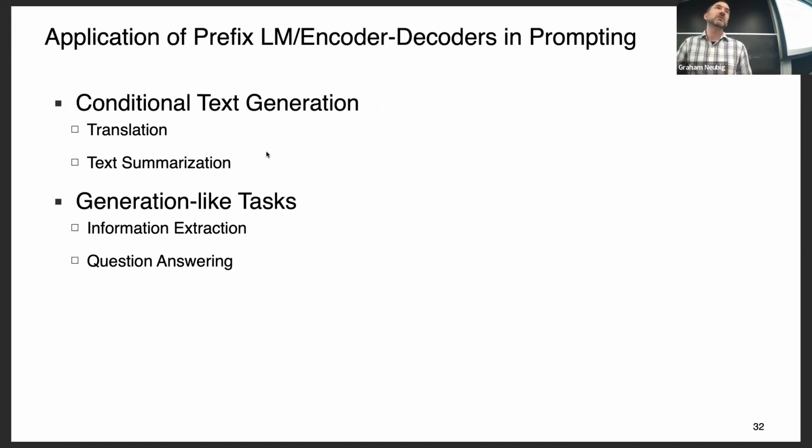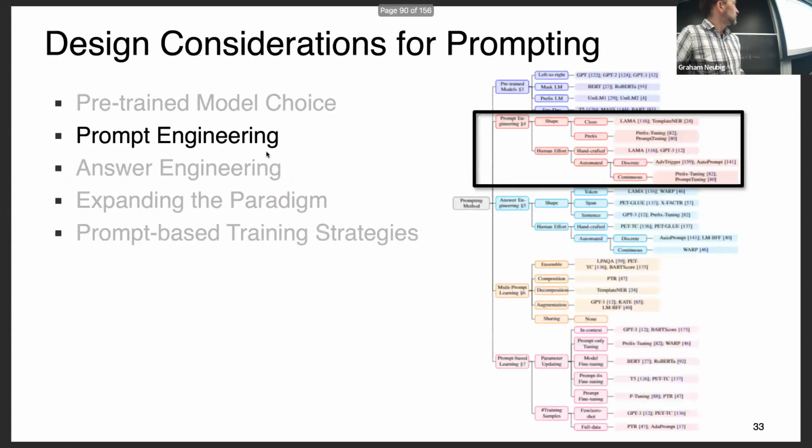Or tell me all the entities in the sentence and their types, and you could decode all the entities. Question answering works similarly. Any questions about that before we move on? I'll wrap up and say I highly recommend them if you're doing summarization or machine translation or other tasks like that.